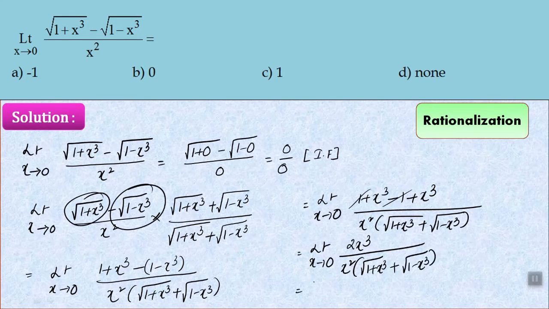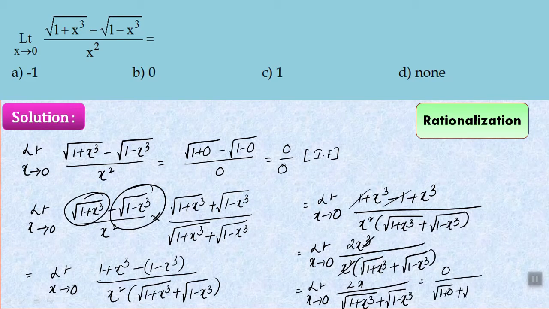Here x square and x cube get cancelled, leaving 2x divided by square root of 1 plus x cube plus square root of 1 minus x cube. Here we substitute the limit, 2 into 0 is 0, divided by square root of 1 plus 0 plus square root of 1 minus 0, is equal to 0 divided by anything is 0. Therefore, the answer is option B.